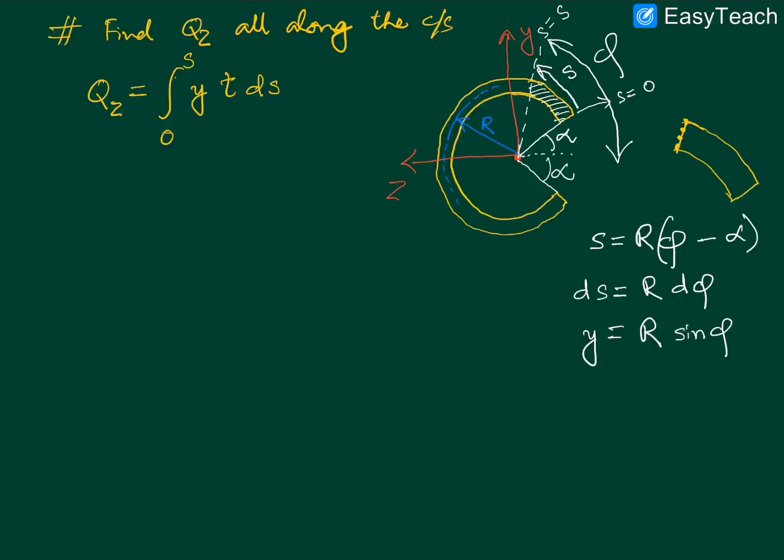Just in case that is not clear, you note that we have our arc like this, this entire angle is phi, this distance is R, and this is our y.